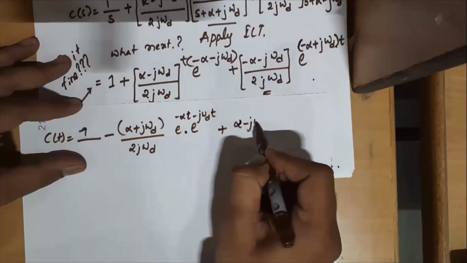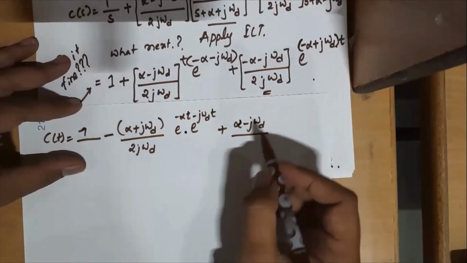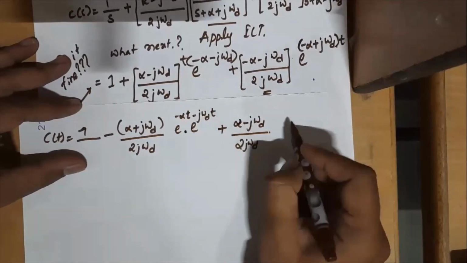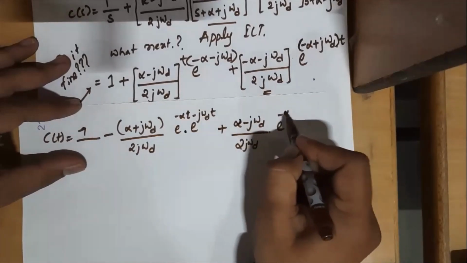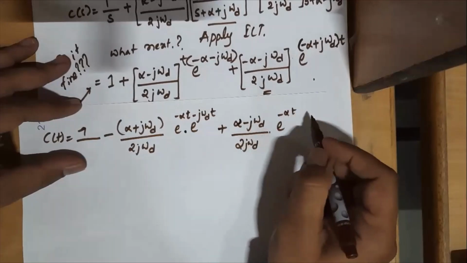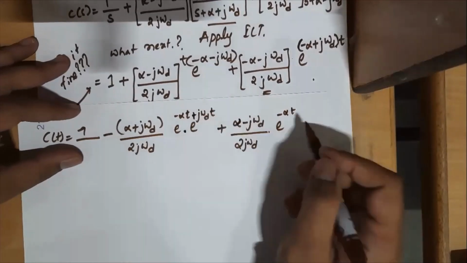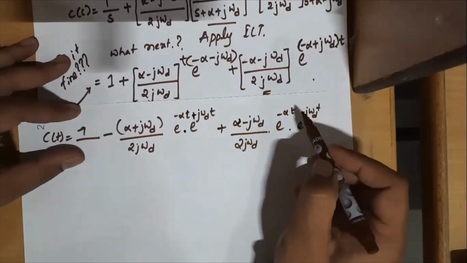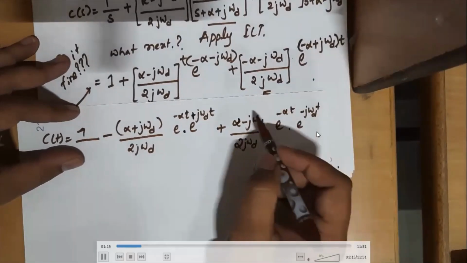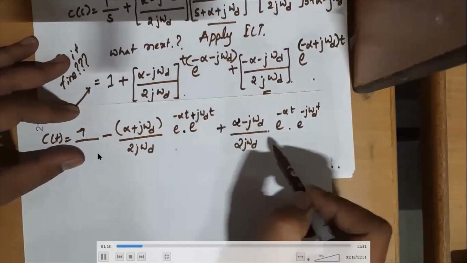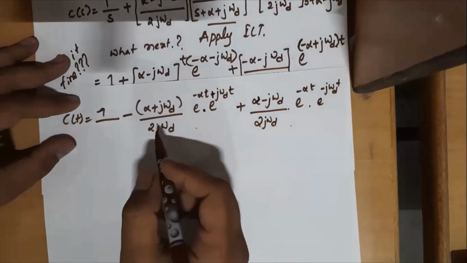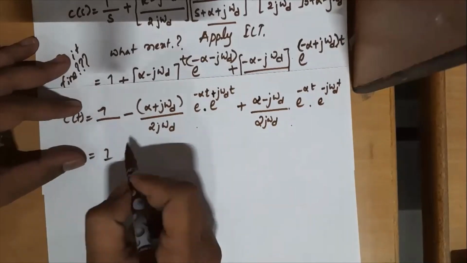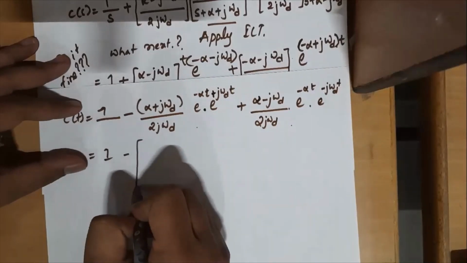It is alpha minus j omega d as it is divided by 2j and e raised to minus alpha t. Okay, sorry, that should be plus. This is minus. Yeah. So this equation is here. So we are about to finish the final step.